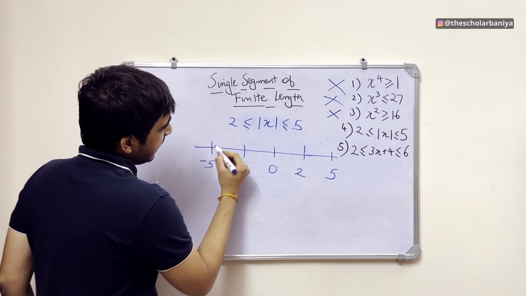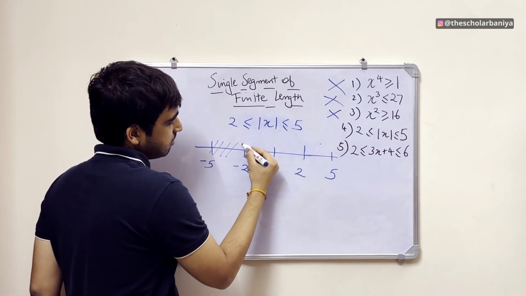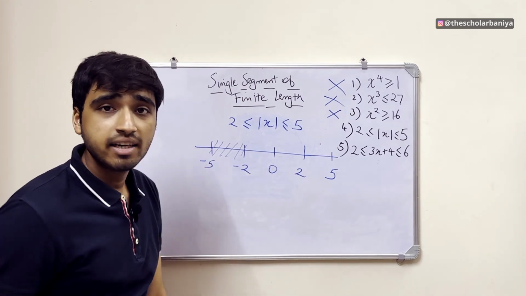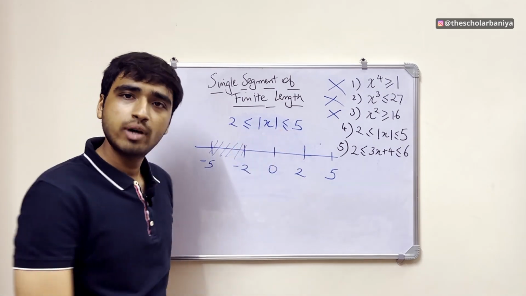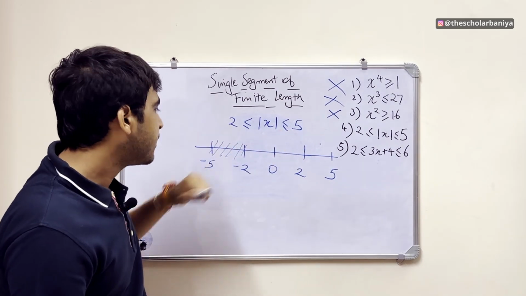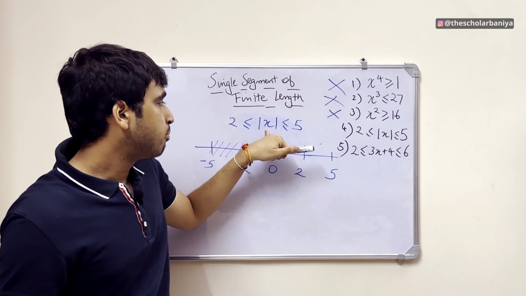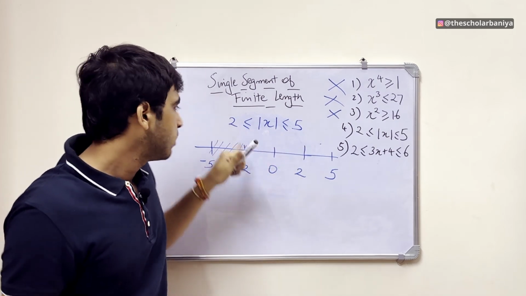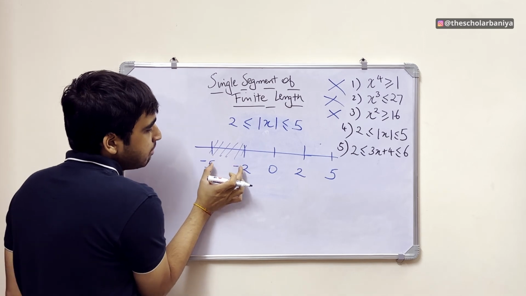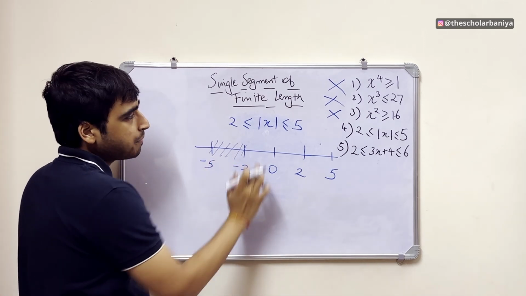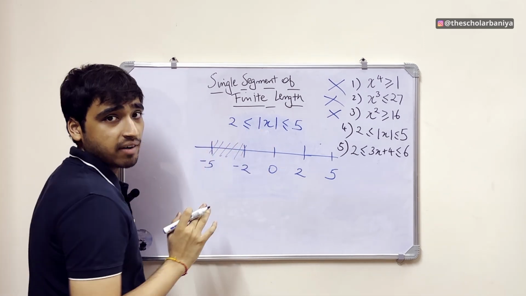If you take any value over here, it can be -3. For example, mod of -3 is 3, and 3 is between 2 and 5. It is true. If you take -4, mod of -4 is 4, and 4 is between 2 and 5. So basically any value you take between -2 and -5, the mod of that value will satisfy this, right?